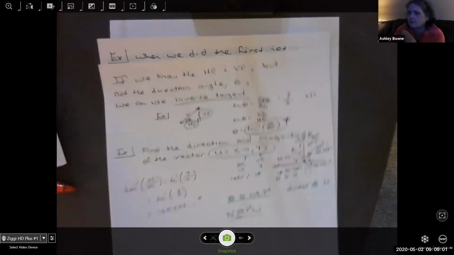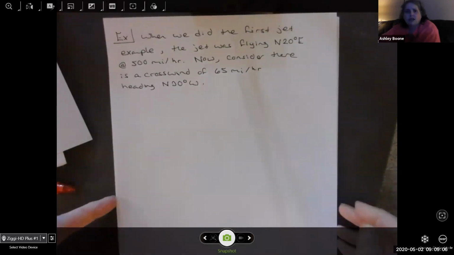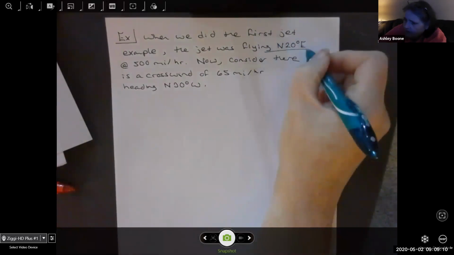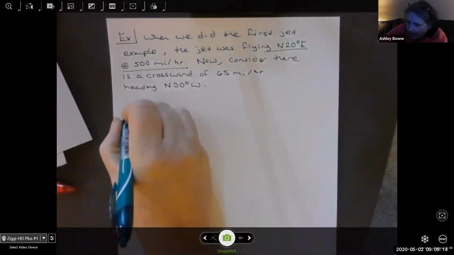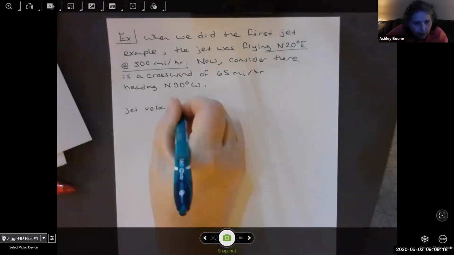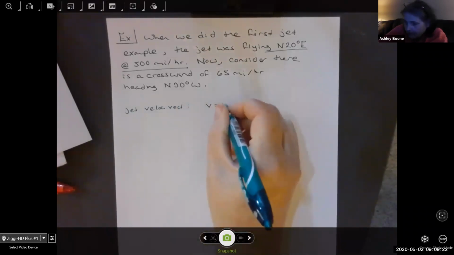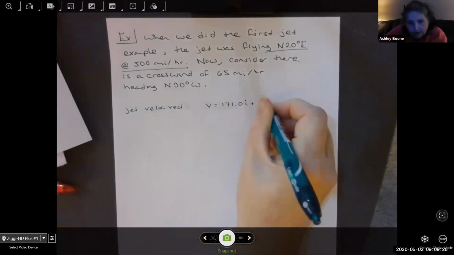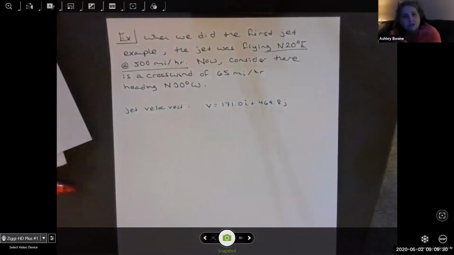Just have a couple more examples here. In our very first example with the jets, we had a jet that was flying north 20 degrees east at 500 miles per hour. For that jet, we had a velocity vector of v equals 171.0 i plus 469.8 j. Imagine what's going on.